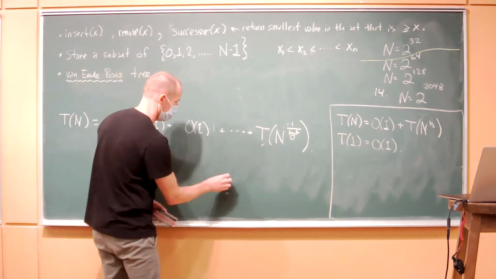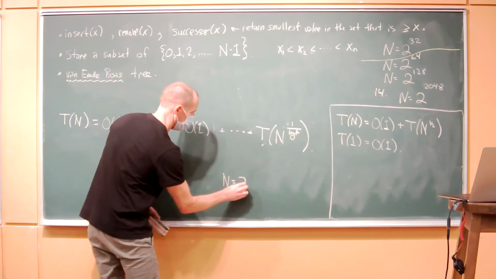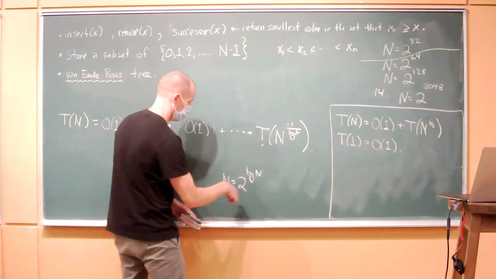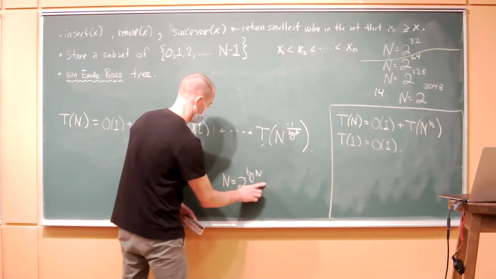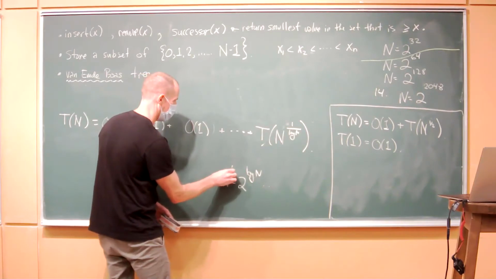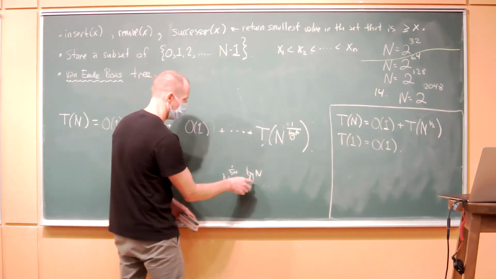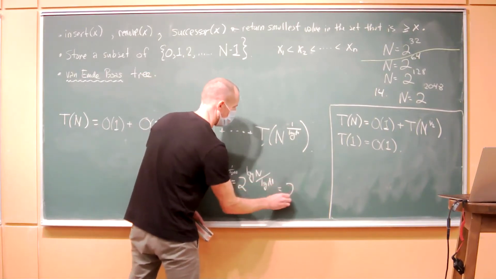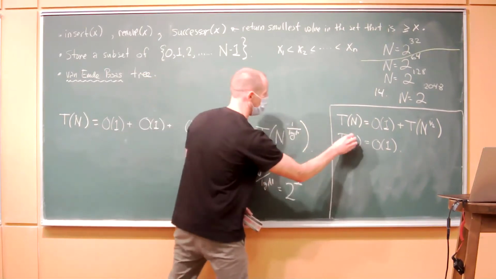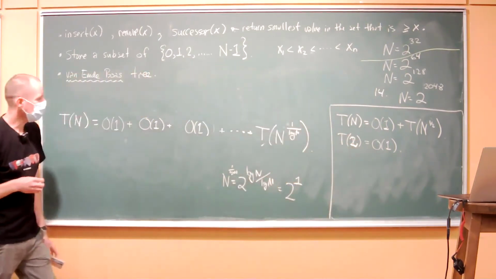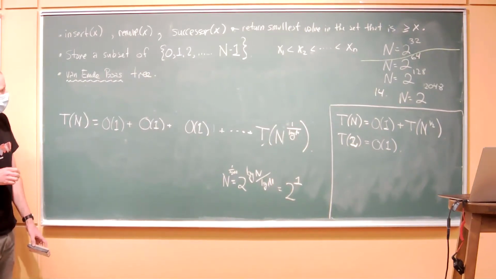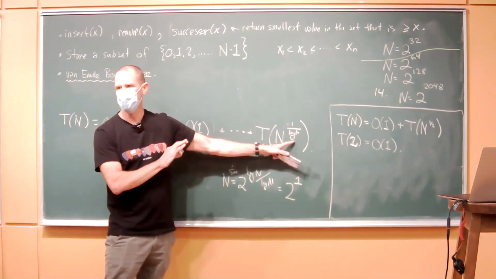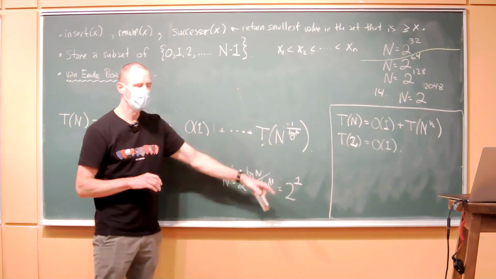That's because n is equal to 2 to the log n. So that means that n to the 1 over log n is 2 to the log n over log n, which is 2 to the 1. Okay, so we stop when it's 2, I guess, not 1. So whenever this exponent drops to 1 over log n, that means we're dealing with a universe of size 2, which is easy to deal with.